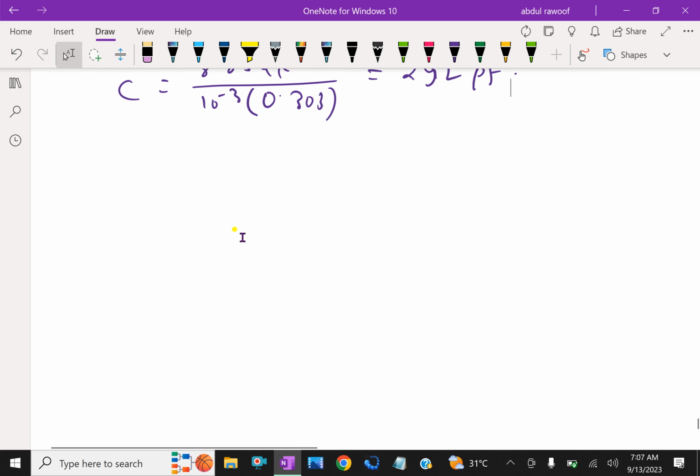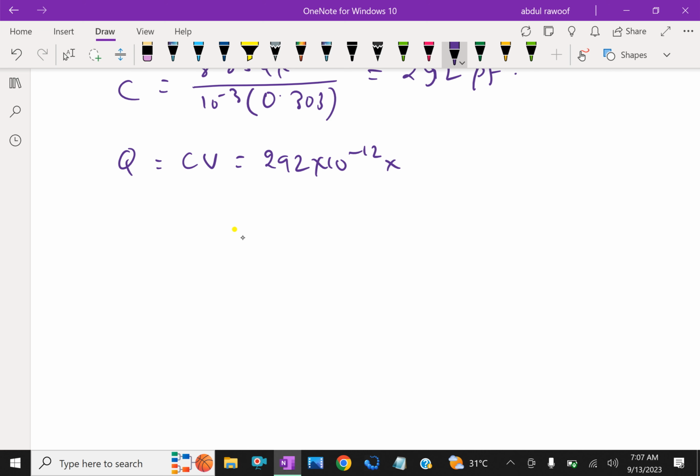Next, calculate the stored energy. Now Q equals CV. We have C as 292 into 10 power minus 12. The voltage is 5 kilovolt, that is 5000 volts, which gives 146 into 10 power minus 8 coulomb.